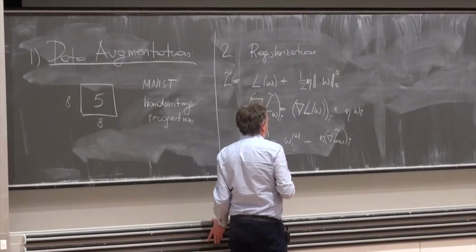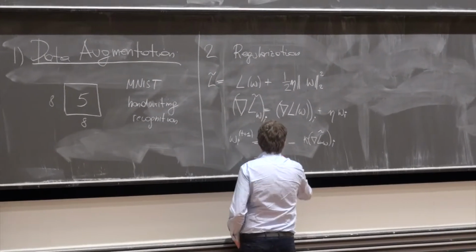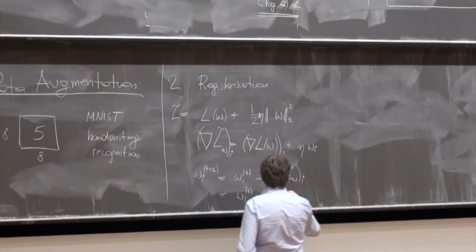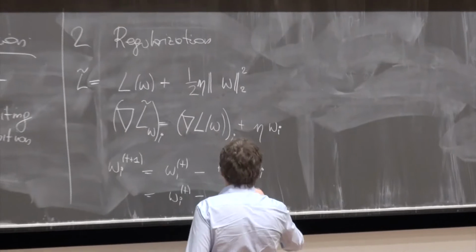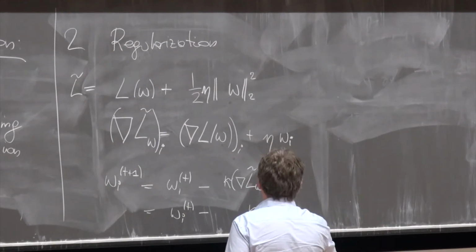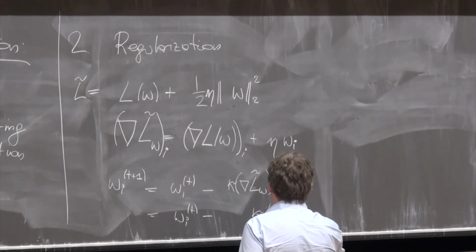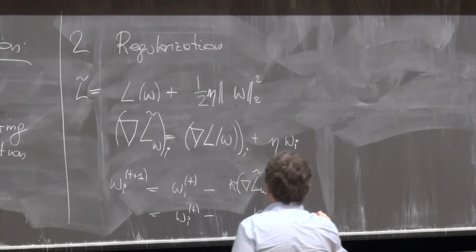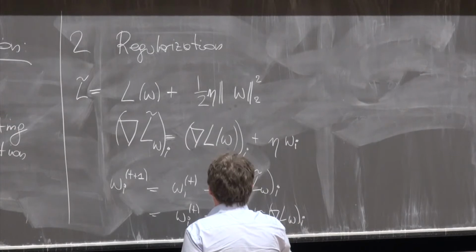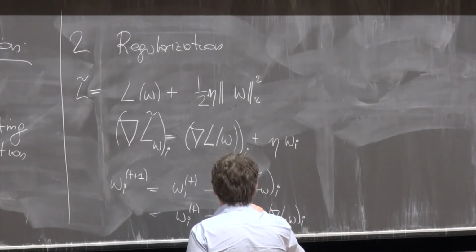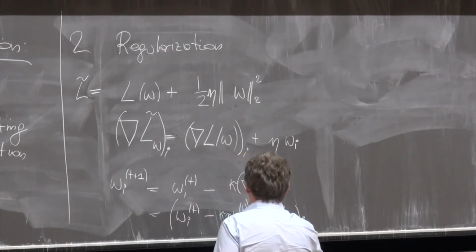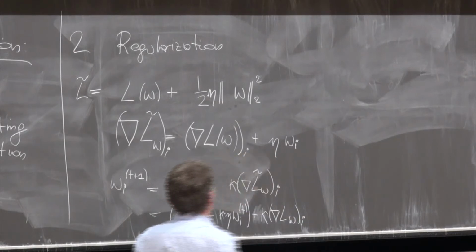If we do this, it's wi at time t, minus kappa times the gradient of the original L, and then I still get minus kappa times eta times wi, which is also wi at time t.